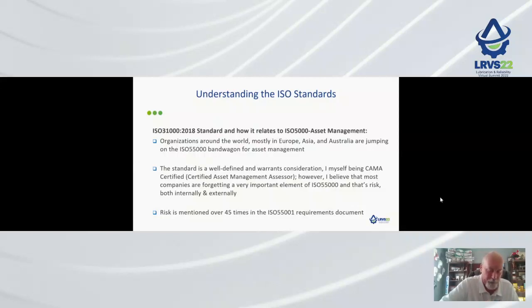If you look at the ISO 55001 requirements, the term risk is mentioned over 45 times in that standard. So we have to understand the relationship of the 31000 standard with the 55000 standard.